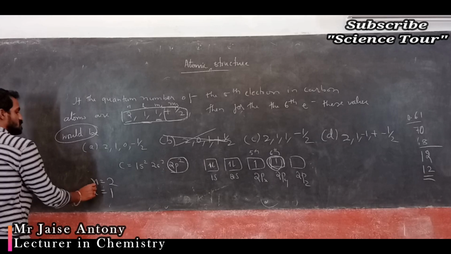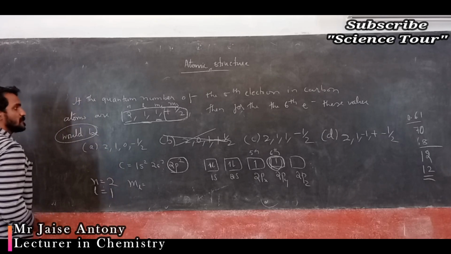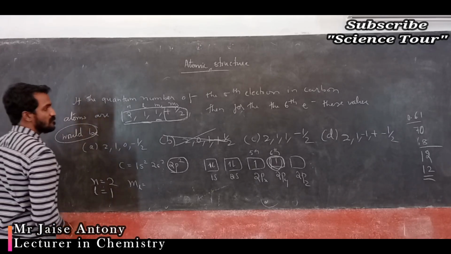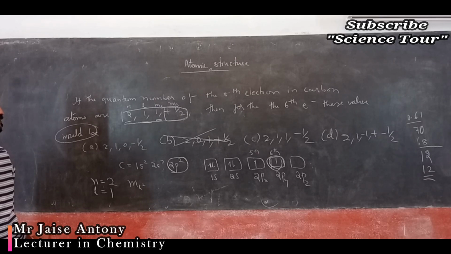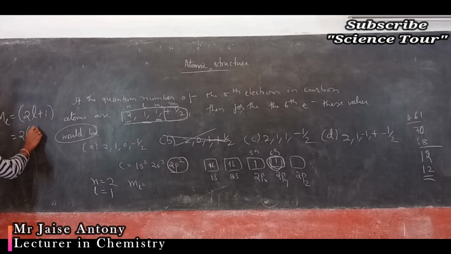n value is over. Azimuthal quantum number is over. Now m l value for this one. See, my dear students, how to find out m l value? m l value is 2l plus 1 formula. 2 into 1 plus 1.